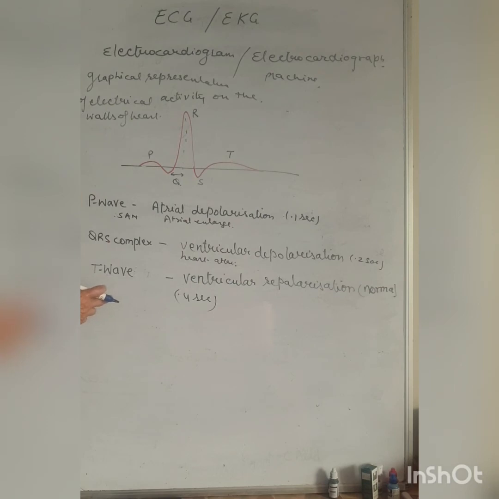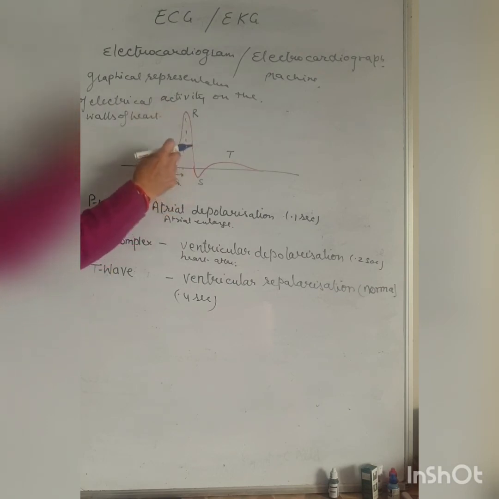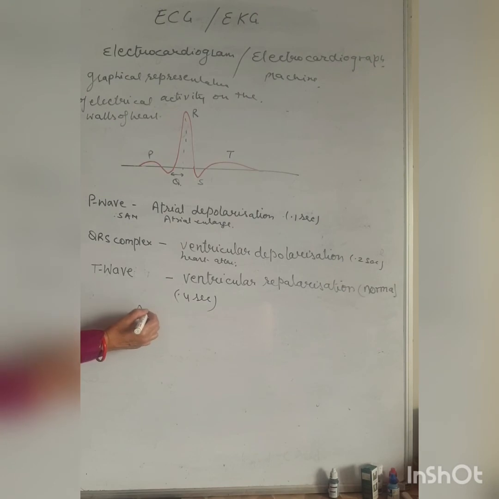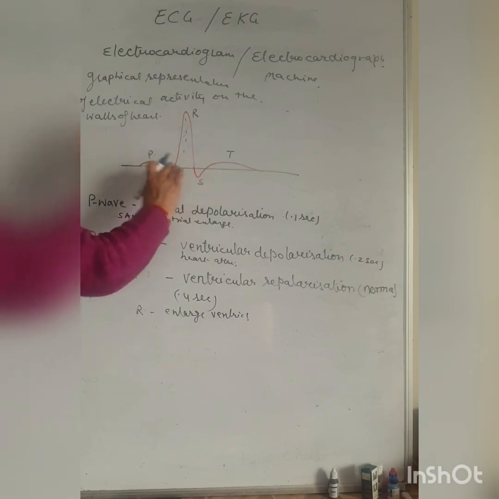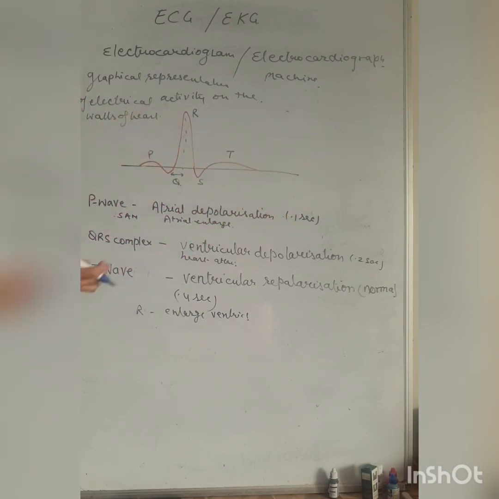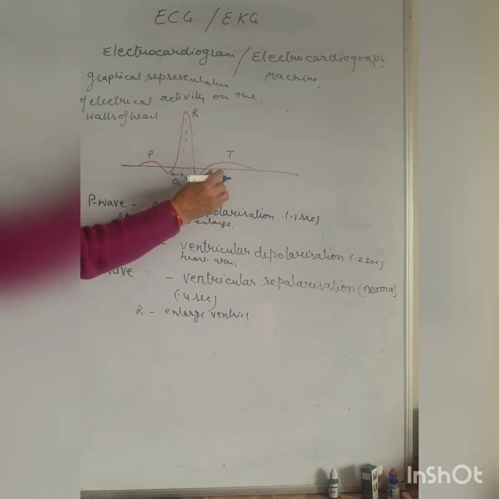Next, the enlarged R wave. If the R wave is larger, there is an enlarged ventricle. It means an abnormality in the heart condition. And the last one, the T wave is flat. Normally it is dome shaped. If it is flat, the condition is coronary artery disease.